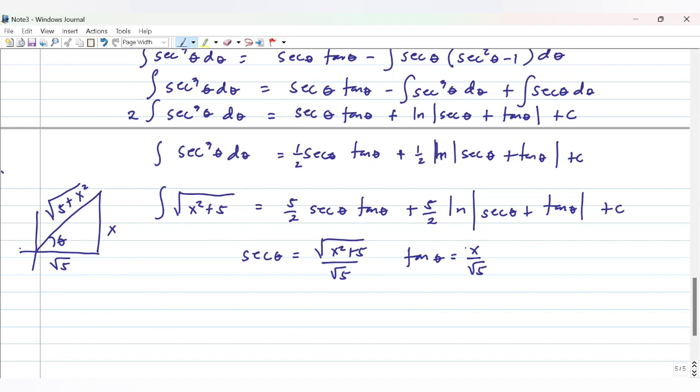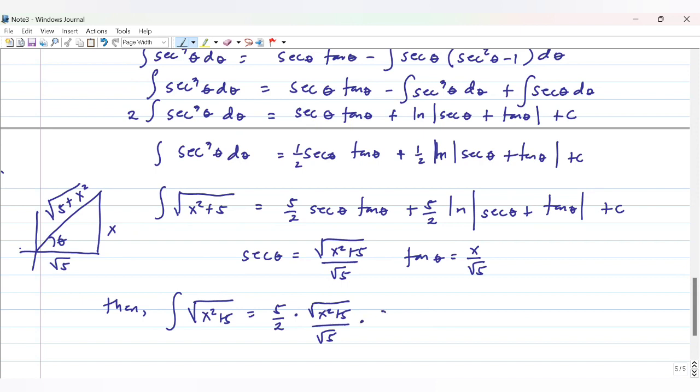Okay, so then that's our answer. Our integral for the square root of x squared plus 5, we substitute the values in here. So we have 5 halves, okay, so our secant is square root of x squared plus 5 over square root of 5.